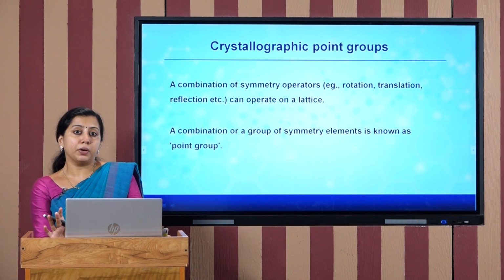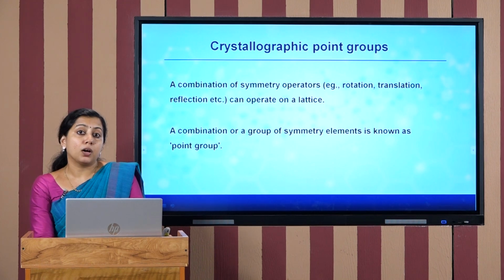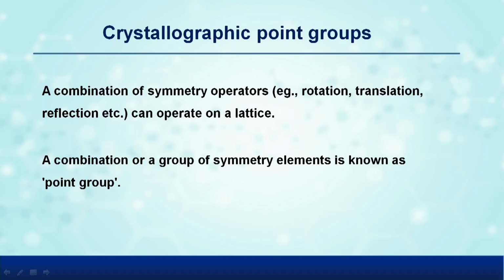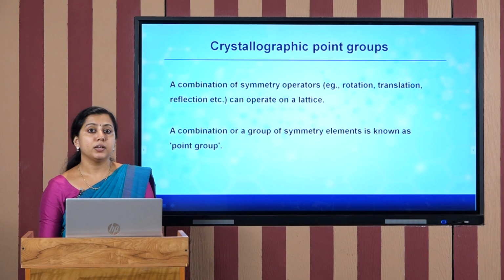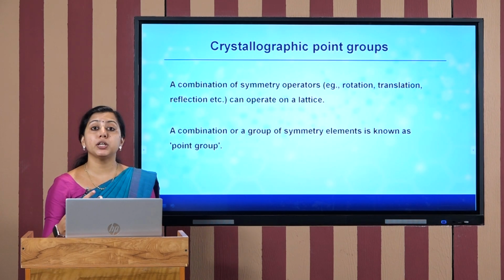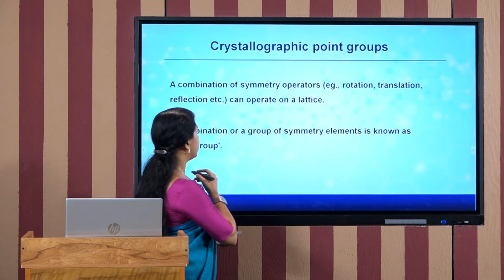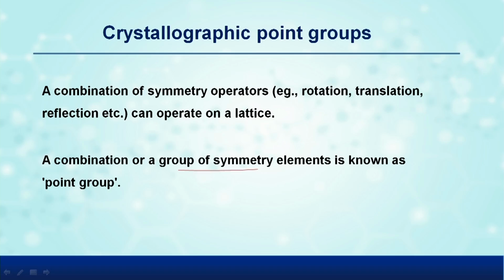Now, if we take a particular crystal, there may be a combination of symmetry elements, or there will be a combination of symmetry operators that can operate on a lattice. So, as I said earlier, the symmetry operators may be rotation, translation, reflection, etc. Okay. So, a group of symmetry operators means there can be a combination of symmetry elements present in a crystal structure. So, this combination or group of symmetry elements is known as a point group.